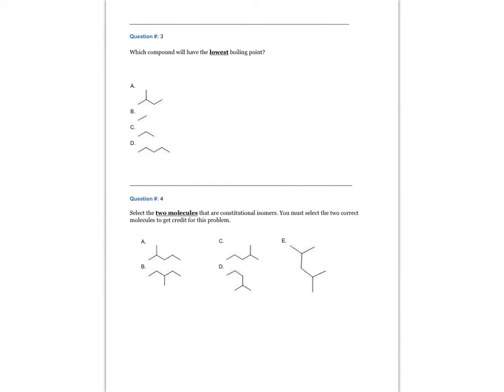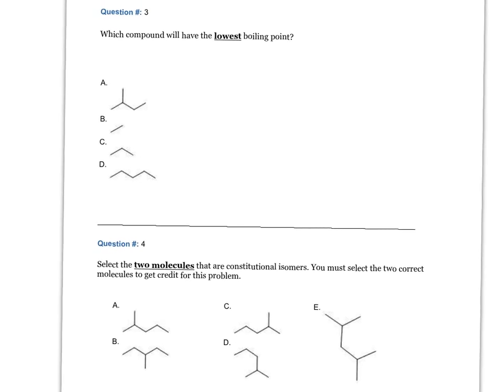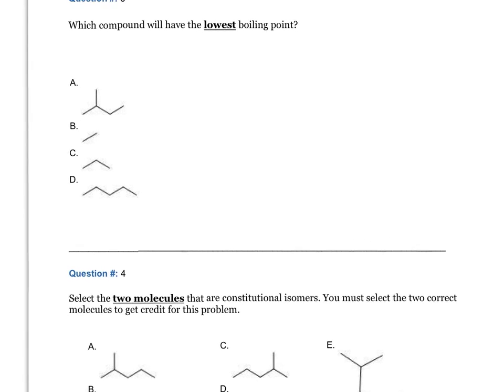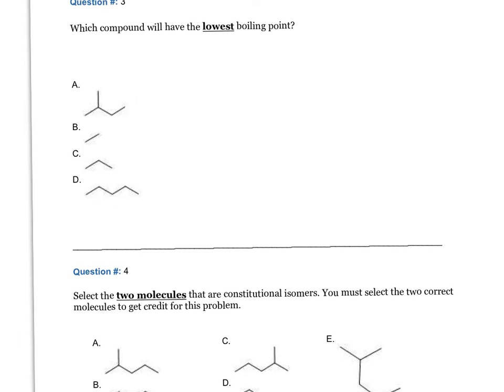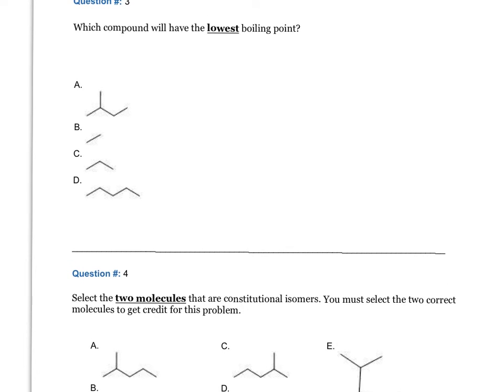Question number 3. Which compound below will have the lowest boiling point? The answer is B. Well, we've got 2 carbons, 3 carbons, 5 carbons, 5 carbons. It has the least amount of carbon atoms in it. The rule with alkanes is in general the smaller the alkane, the lower the boiling point.